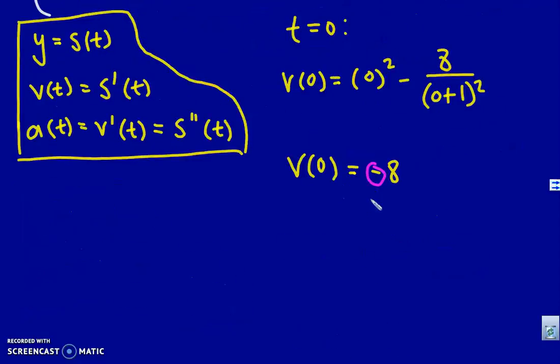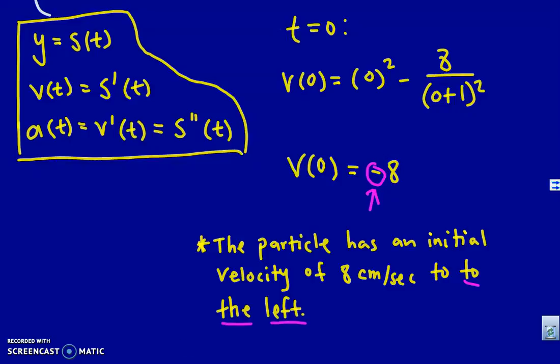So because it's negative, we know that this specific particle has an initial velocity of 8 centimeters per second, but it's moving to the left. We know that it's to the left because of that negative sign in front of the 8.